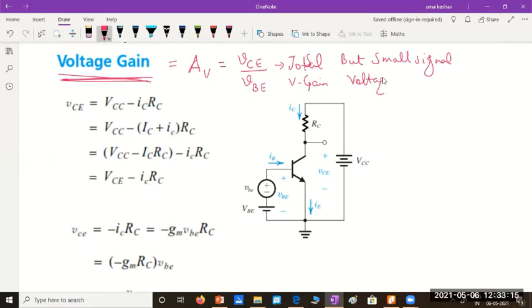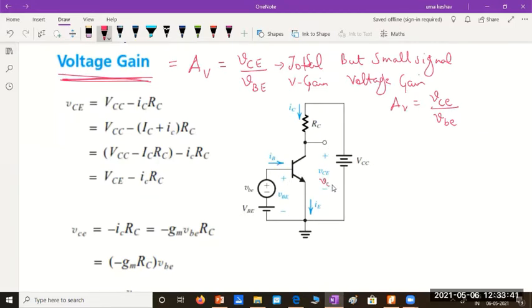Small signal voltage gain, denoted as A small v, is the AC collector emitter voltage divided by the AC base emitter voltage. In the sense, output AC value divided by input AC value.